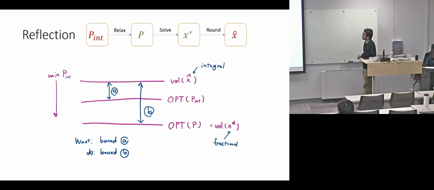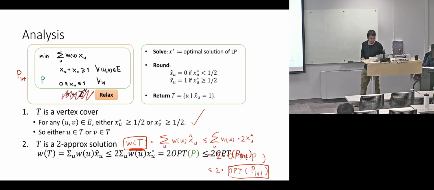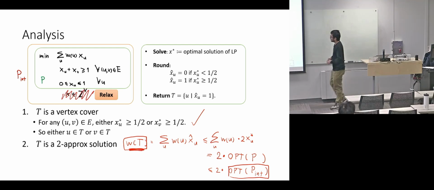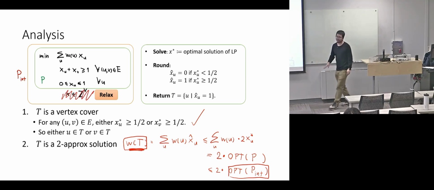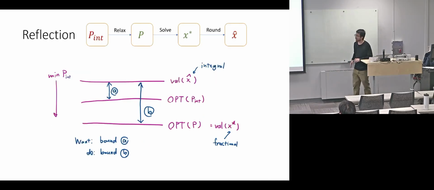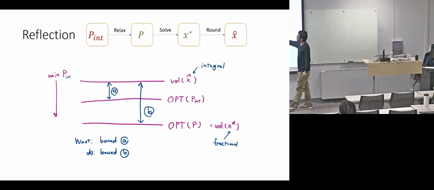So I want to note down one thing: we are proving something stronger than a 2 approximation. Because this is what it means to say that it gives a 2 approximation, but actually we prove that it's at most 2 times the LP value, and this is stronger, right? So what really happened is this: you start with your integer problem, you relax it to an LP.